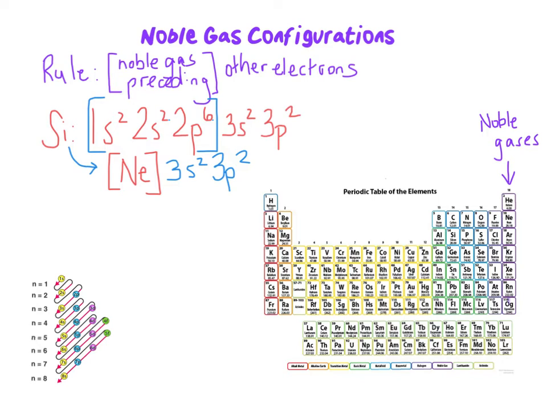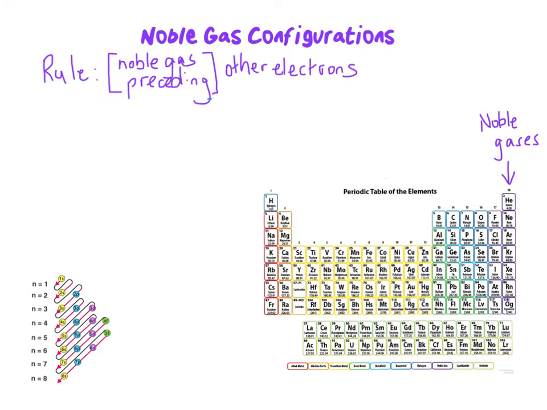It also tells us that these other electrons that are found out here are our valence electrons. So it actually makes it really easy to find how many valence electrons there are and where they're located. So for example, we would have 4 valence electrons here, and they're located in the 3rd energy level.